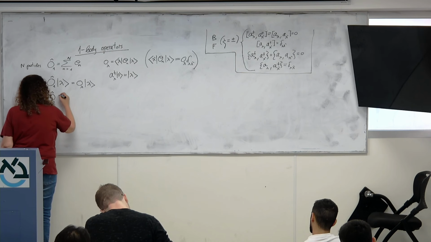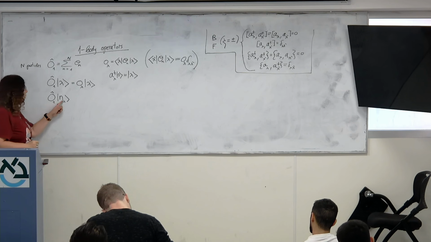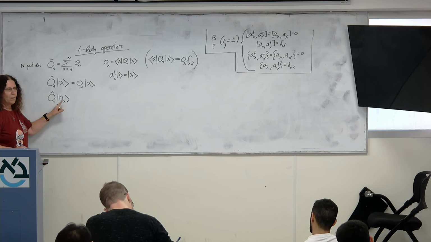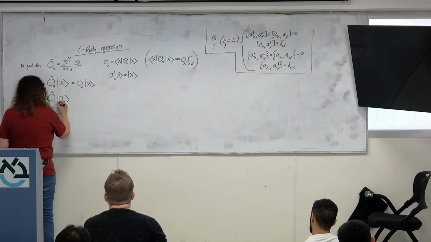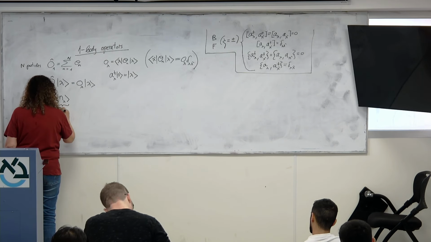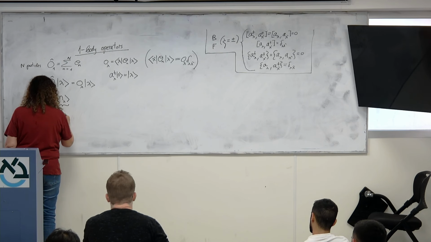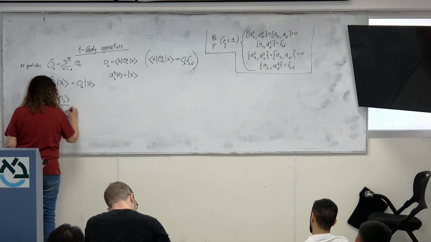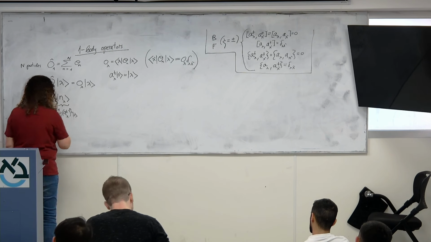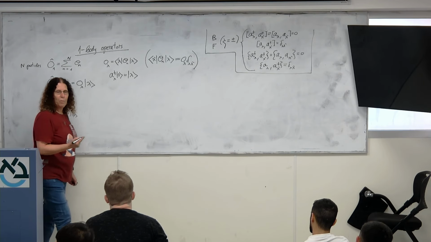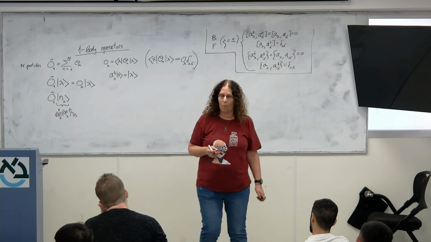What happens if I apply it on a state, now written as a Fock state, which has only one non-zero occupation, in the state lambda? This is just a lambda dagger to the power n lambda acting on the vacuum. It's a state with not one, but n lambda identical particles.